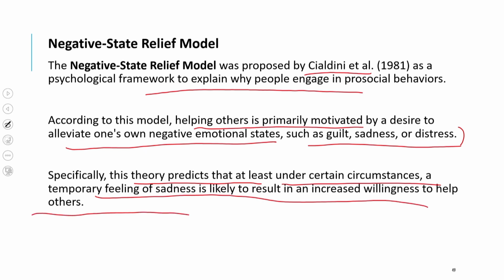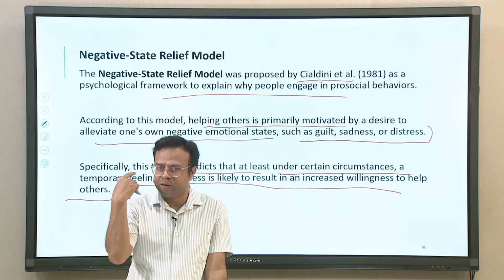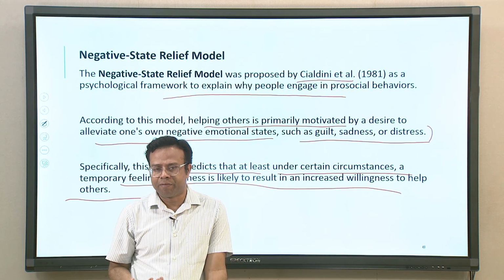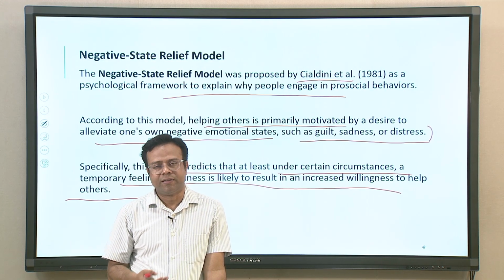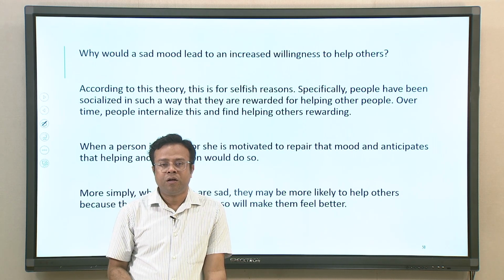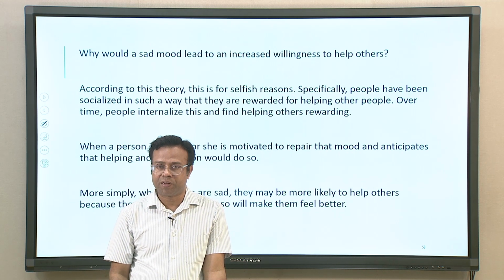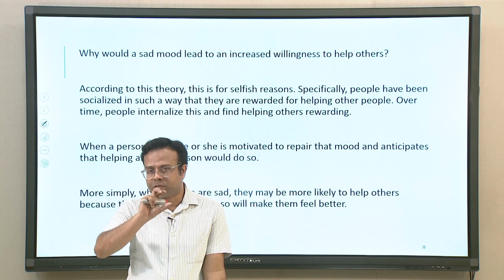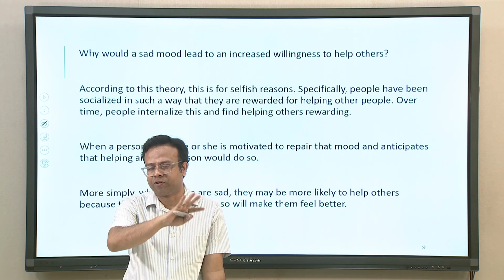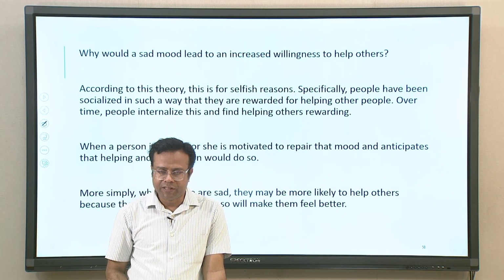Not necessarily all the time when people feel sad will they be more helping in nature, but at least in some circumstances when people experience negative emotions such as sadness, this may result in more willingness to help others. Now, the question is, why would sad mood lead to increased willingness to help others? Intuitively, it generally doesn't make much sense. What should be the reason behind it?